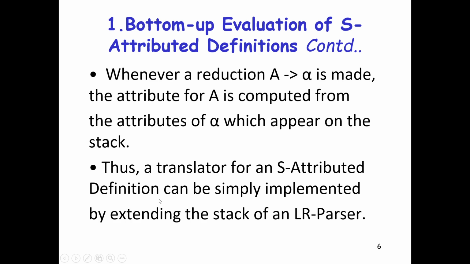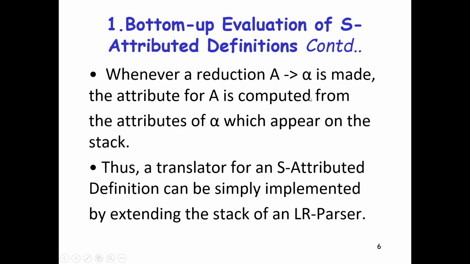This slide explains what happens in the case of reduction. Whenever a reduction A gives alpha is made, that means if we have a production like A gives alpha, and the stack top has a handle alpha, we have to reduce it to A. In that case, the attribute for A is computed from the attributes of alpha, which are on the stack top.